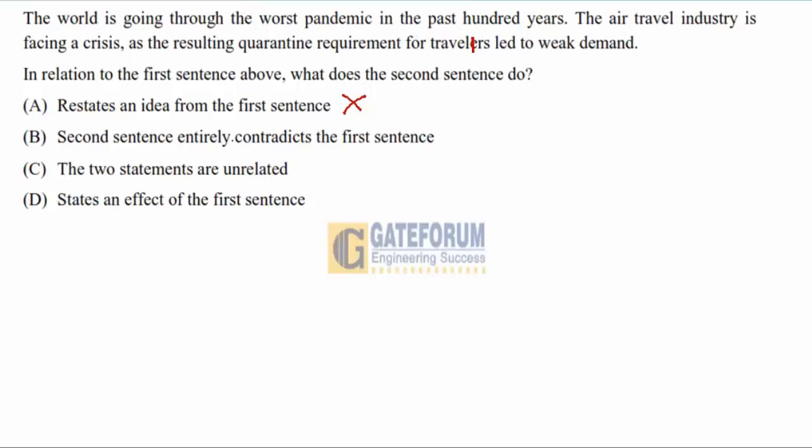The next, the second sentence entirely contradicts the first statement. Absolutely not. It perfectly supports it. The two statements are unrelated. Not at all. They are perfectly related. You see, the second statement states an effect of the first statement, which was what we originally said. So, number D is the correct option here.